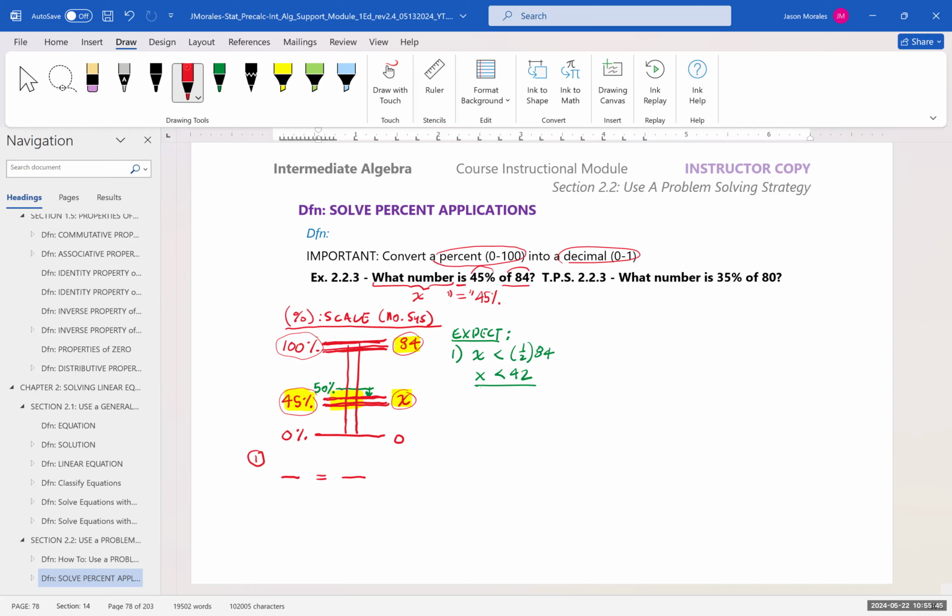In the numerator, we put our unknown x, and x is equal to 45%. And on the side of the scale, 84 is equal to 100. So 84 is equal to 100, and x is equal to 45.